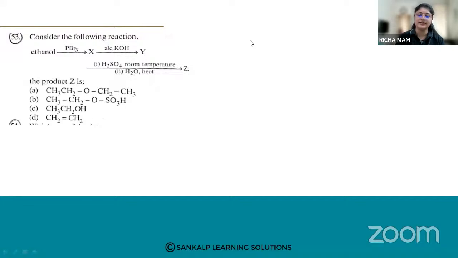Okay, fine, so let us see. The question: ethanol, that is CH3CH2OH, is the starting reactant. We treat it with PBr3, phosphorus tribromide.